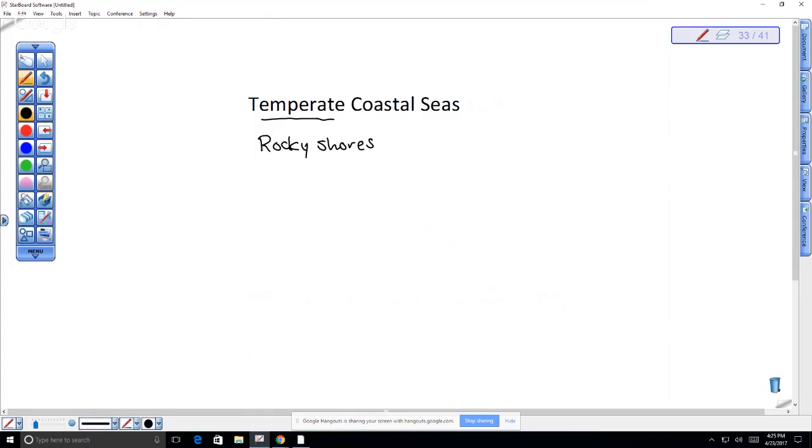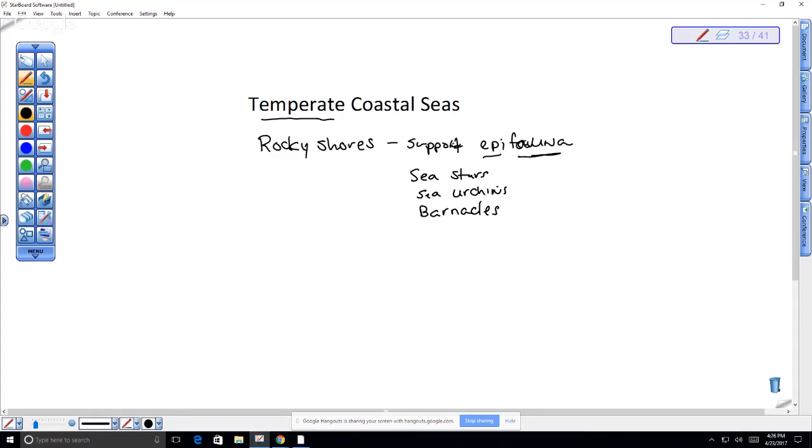And these rocky shores support animals that can attach onto them. So they support what is referred to as epifauna. So epifauna are organisms that can attach to the surface. Epi means upon, and fauna means animals. Okay, so epifauna. So this would be things like sea stars, sea urchins, barnacles.